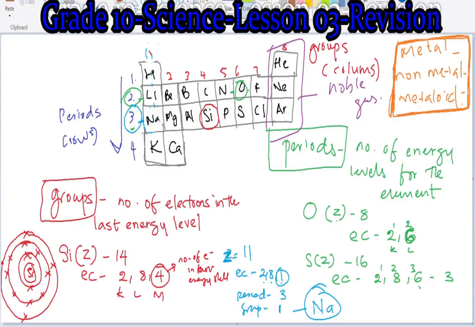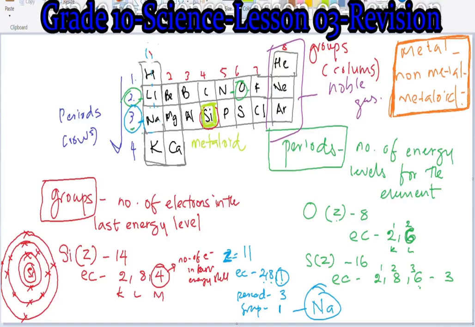I'm going to take green and mark silicon as a metalloid. Metalloid means it has properties of both a metal and a non-metal. It can be both.